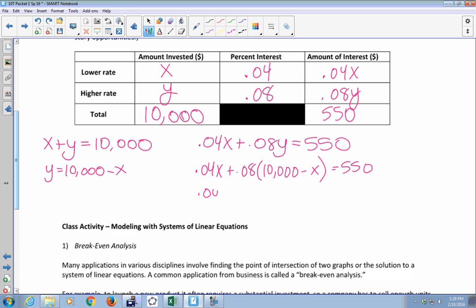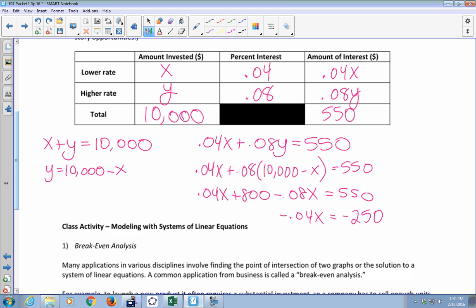All right, so I have 0.04x plus 800 minus 0.08x equals 550. I'm going to combine my like terms on the left. 0.04 minus 0.08 is negative 0.04x. And then I'm going to move my 800 over, subtract 800 from both sides. So 550 minus 800 would be negative 250.